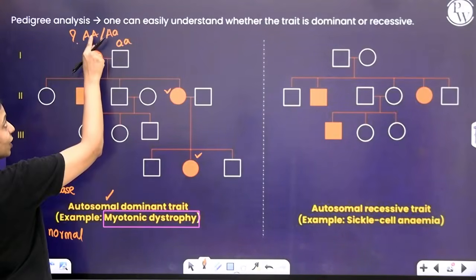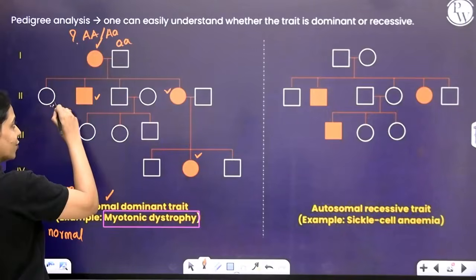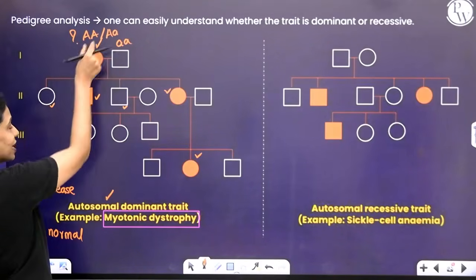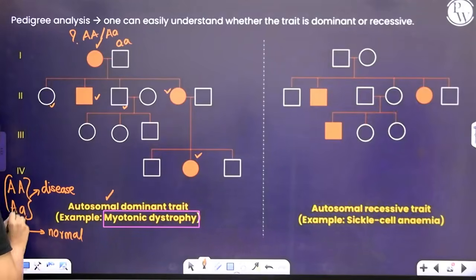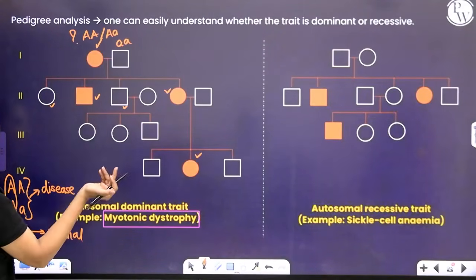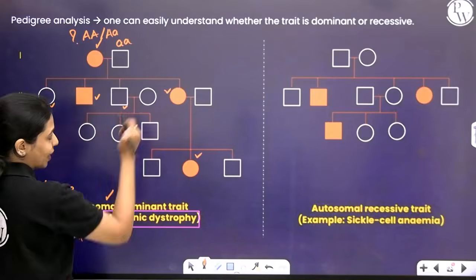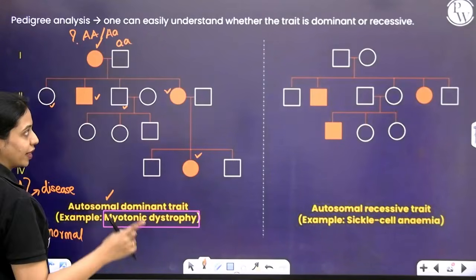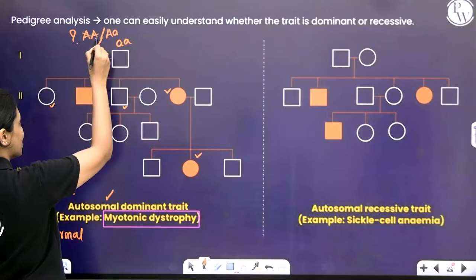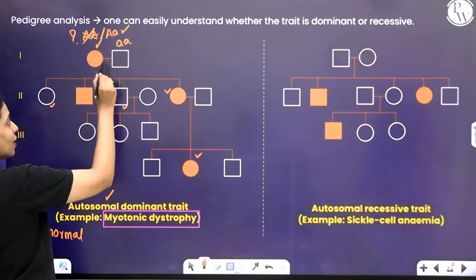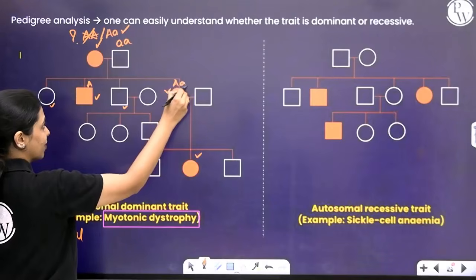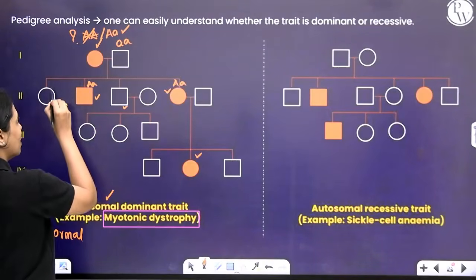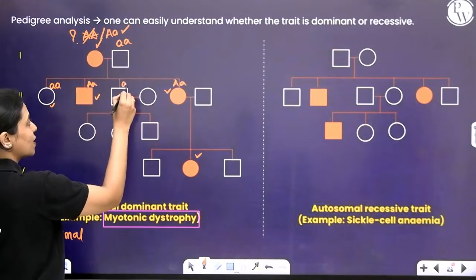If she was capital A capital A, then every one of her children would have received that defective allele from her. Even if they have one copy of that defective allele, they would have shown the symptoms of disease. But over here, that is not the case. Some of them are showing the disease trait, some of them are not, which means she is not this, she is this. So in these children, she has passed on the capital A allele. They've received lowercase a from the father. But in the children that are normal, she has passed on lowercase a.